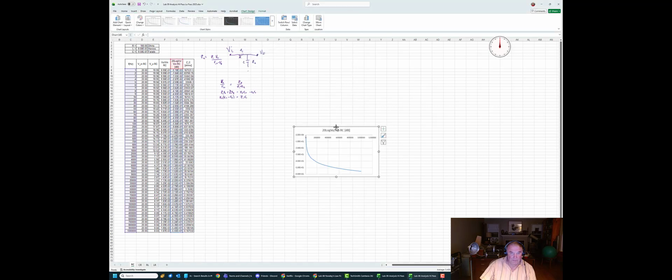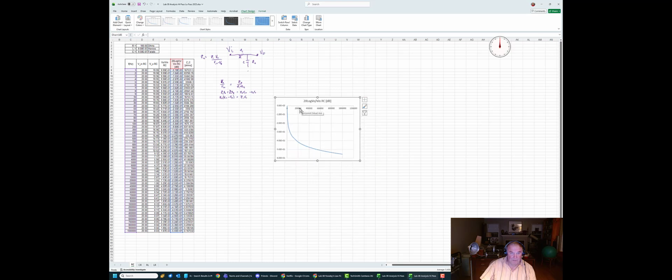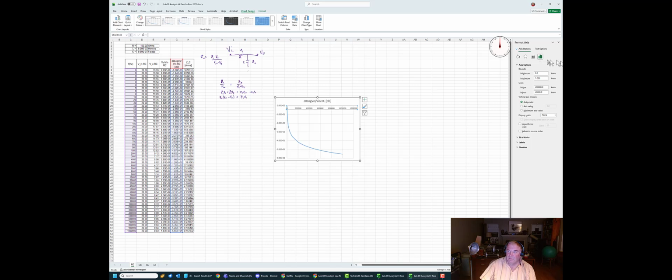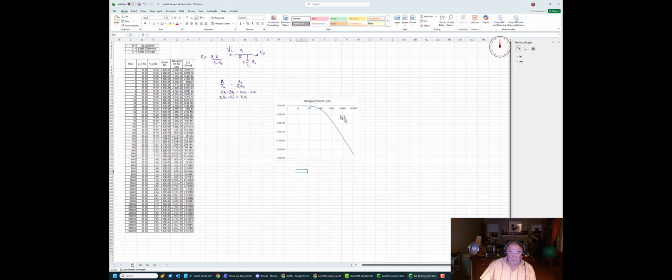And so this is almost a Bode plot. We have to format it, make it logarithm on the y-axis, make it logarithm on the x-axis. And there is your Bode plot.